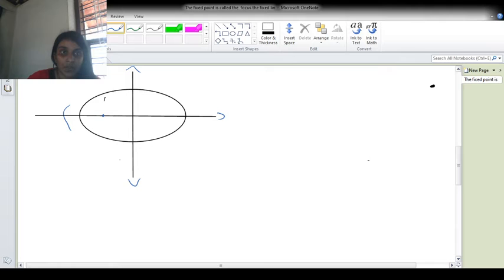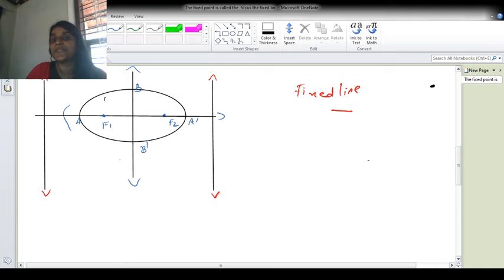Fixed points F1 and F2. Here A and A dash, B and B dash. You take a fixed line here and a fixed line here. These are the fixed lines. This fixed line is also called the directrix.